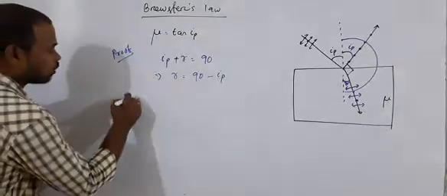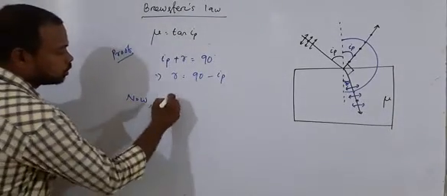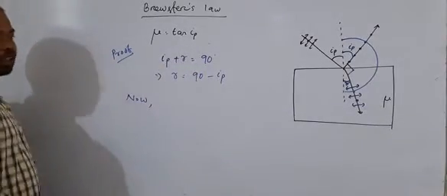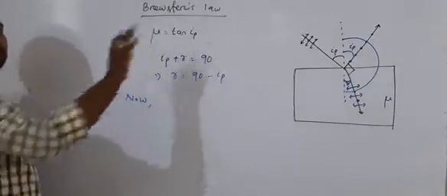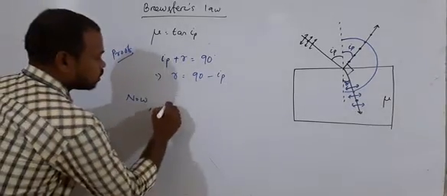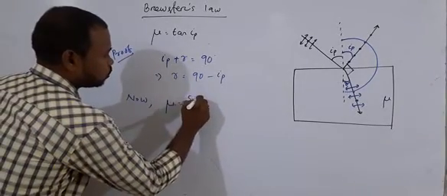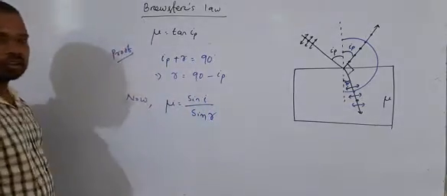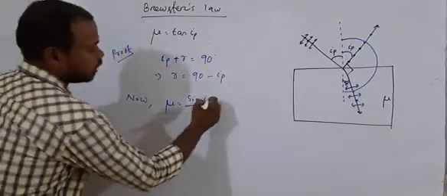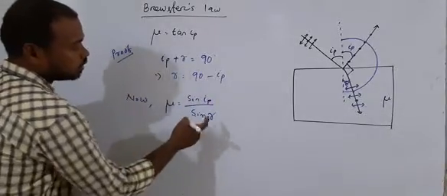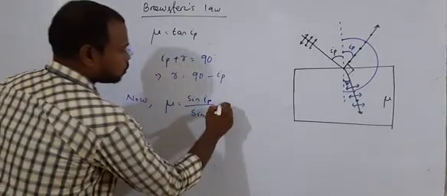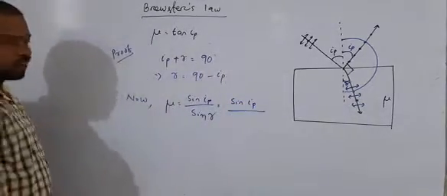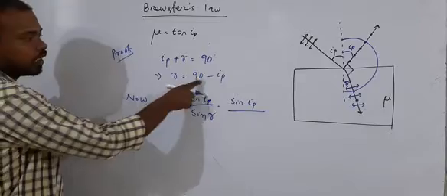Now, according to Snell's law, you know sin i by sin r is equal to the refractive index of the denser medium with respect to the rarer medium. That means mu is equal to sin i by sin r. Here i means the polarizing angle iP, and r is the angle of refraction, so mu is equal to sin iP divided by sin of 90 minus iP.